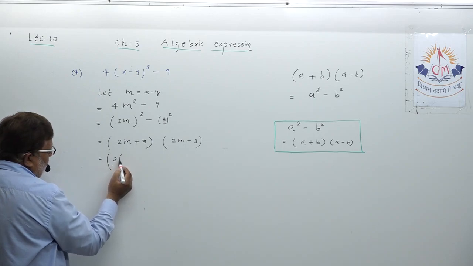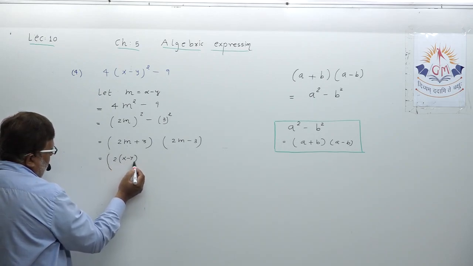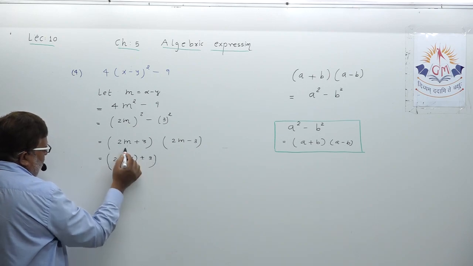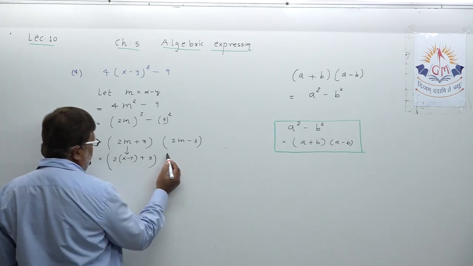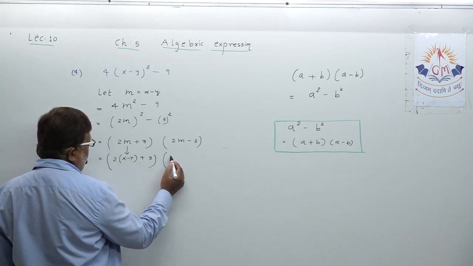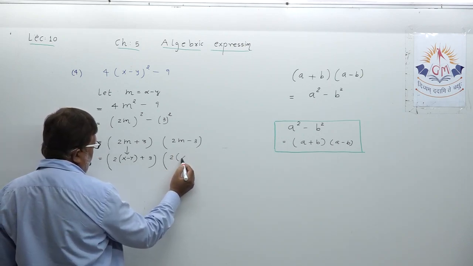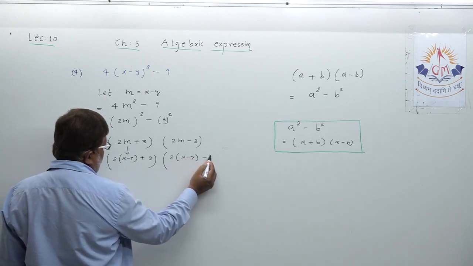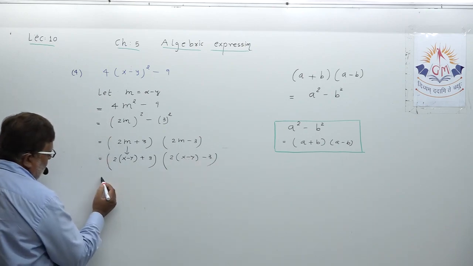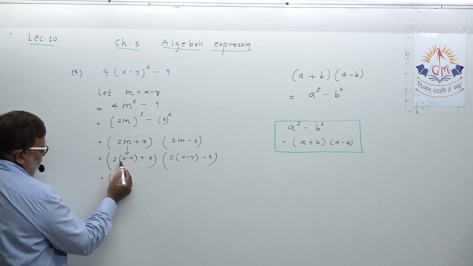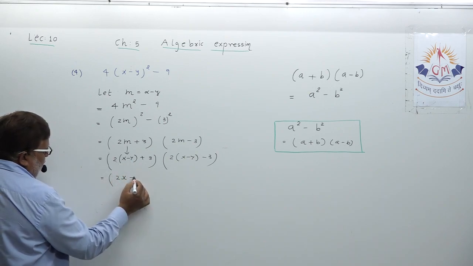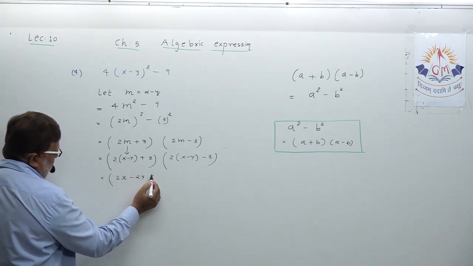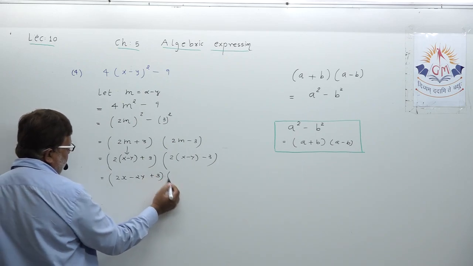2 into bracket x minus y plus 3. Where there is m, I substituted x minus y. 2 into x minus y minus 3. Just open the bracket. 2 into x, that is 2x. 2 into minus y, that is minus 2y plus 3 as it is.